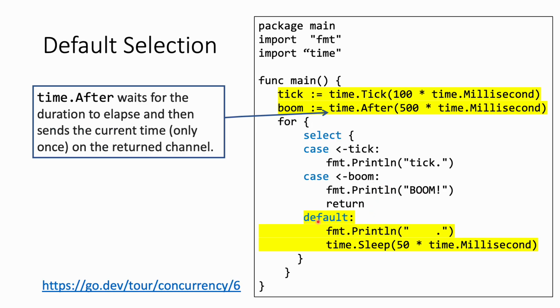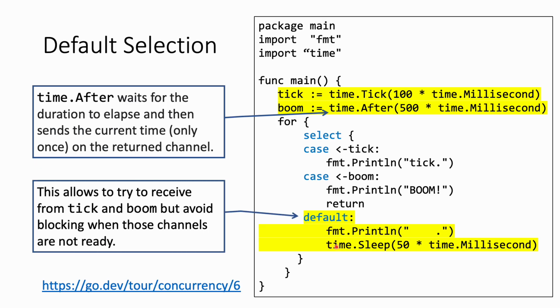The select statement also has the default case in which it displays a dot and calls function time.Sleep. Function time.Sleep pauses the current Go routine for at least the given duration, which is 50 milliseconds in this example.